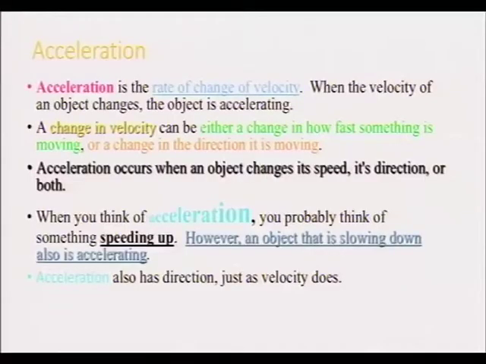The calculations for speed and velocity are the same. They use the same formula. Velocity is still given by the distance traveled divided by the time taken. It's the same as the speed, but for velocity we have to consider direction.